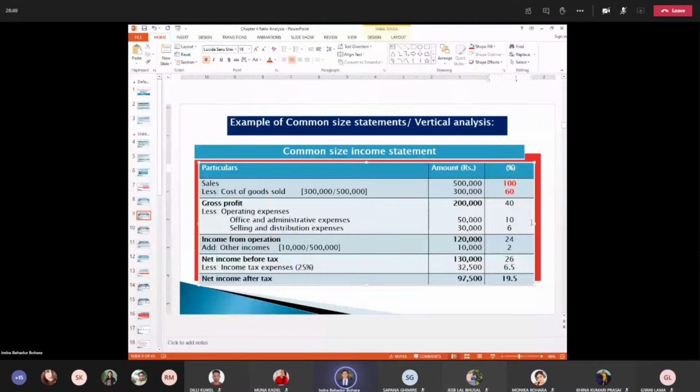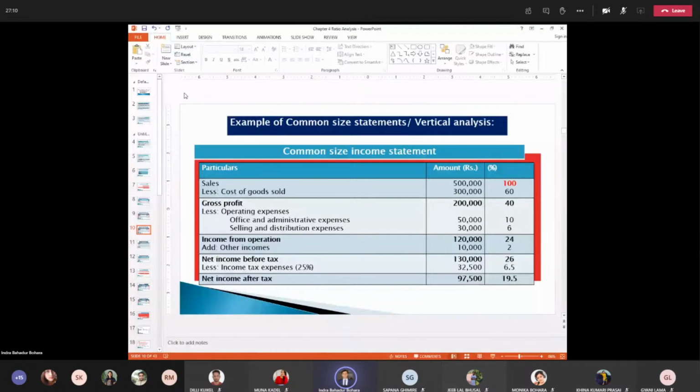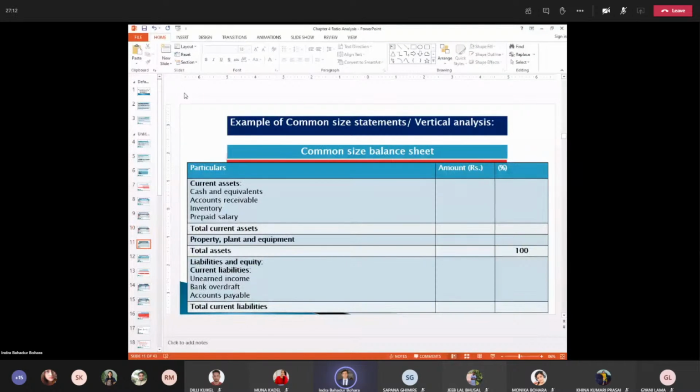Under the common size statement, sales is assumed as 100, and the percentage of each component is calculated and analyzed by comparing with past periods, or with competitors. This is the analysis process of common size.